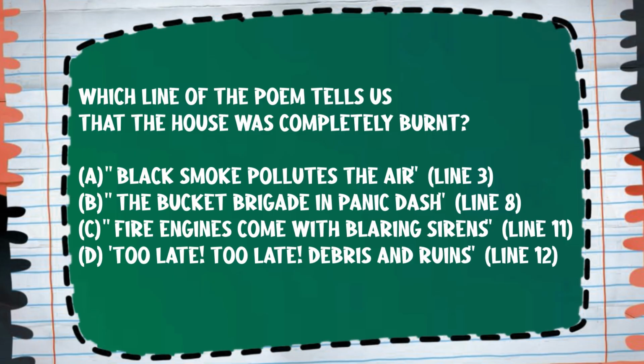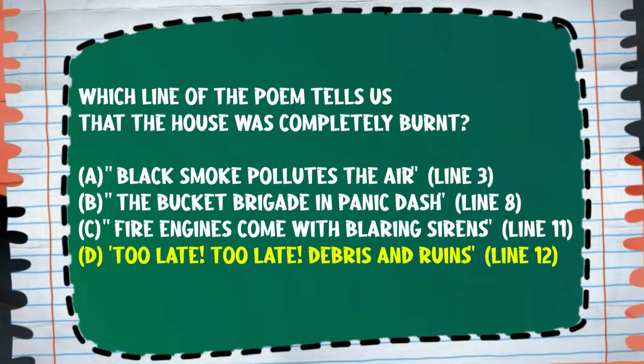Yes, ruins. Everything is gone. So the last line in the third stanza that says, "Too late, too late, debris and ruins." That's the line that helps us to know that everything was all gone.